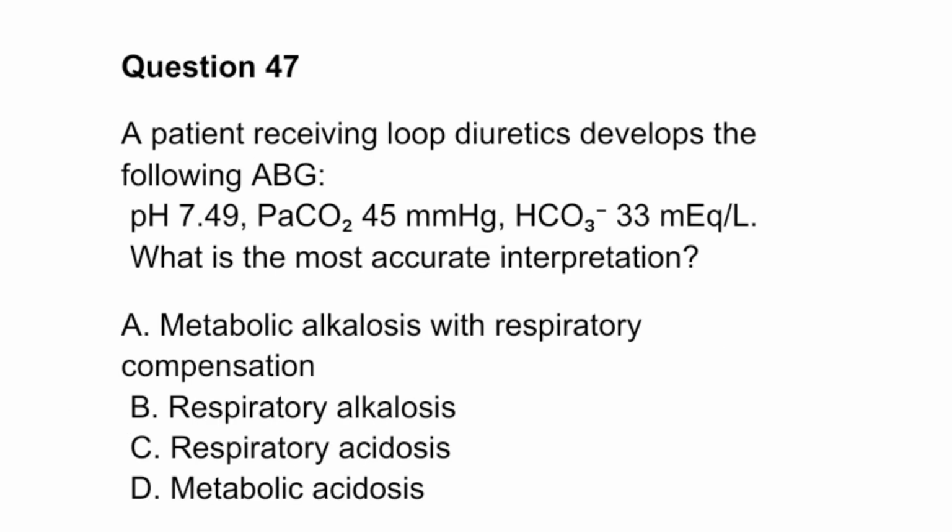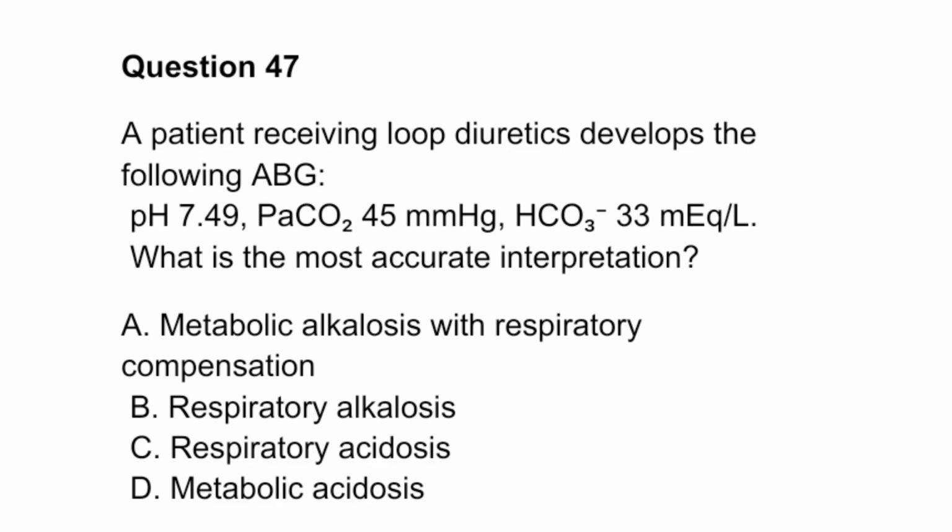Question 47. A patient receiving loop diuretics develops the following ABG: pH 7.49, PaCO2 45 mm of mercury, HCO3- 33 milliequivalents per liter. What is the most accurate interpretation? A. Metabolic alkalosis with respiratory compensation.